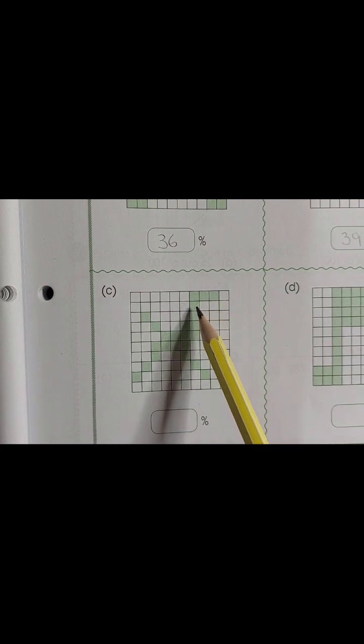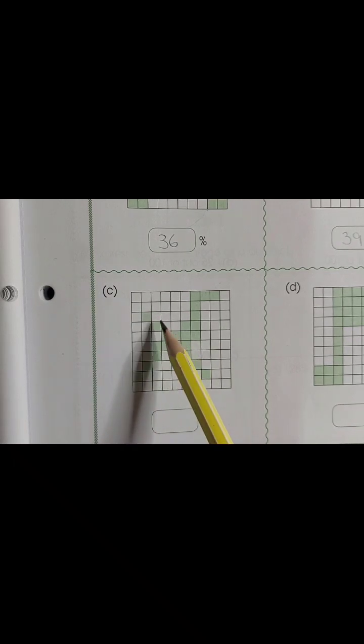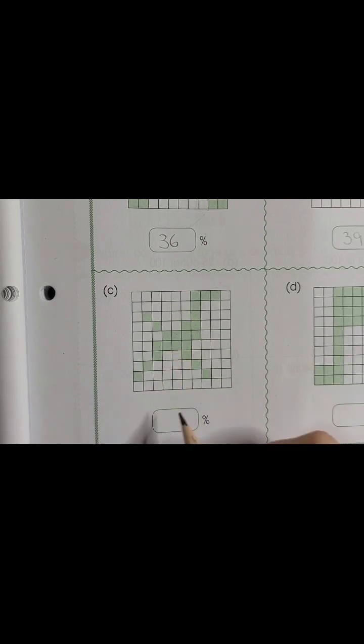Okay, in part C we have to count 1, 2, 3, up to 23. So 23%.